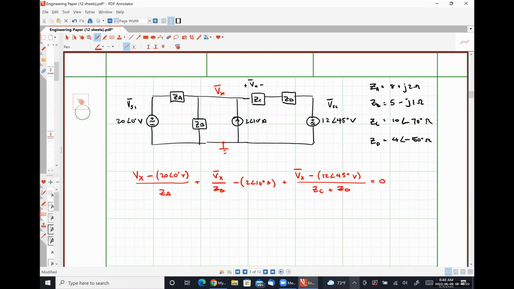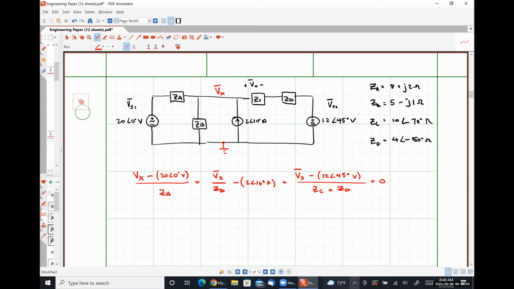Where what I've done there is I've combined impedances ZC and ZD into a single impedance to effectively eliminate that node point that's between those two, giving myself a one equation, one unknown system, as it were, to solve using algebra.